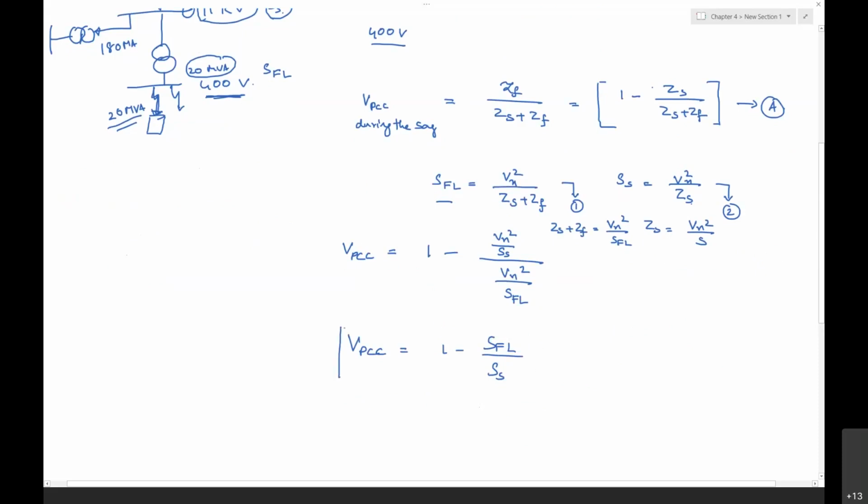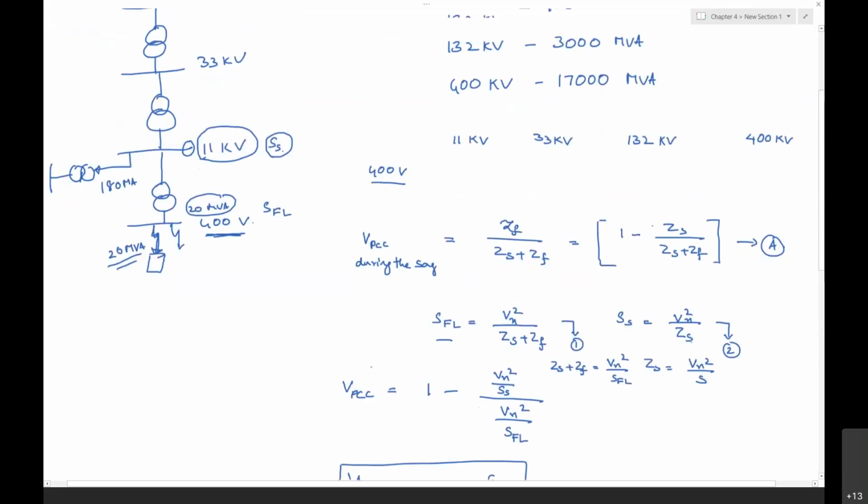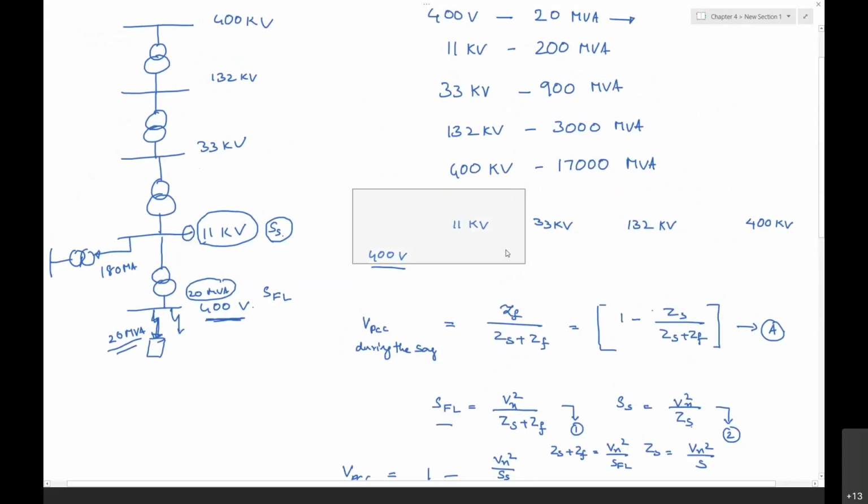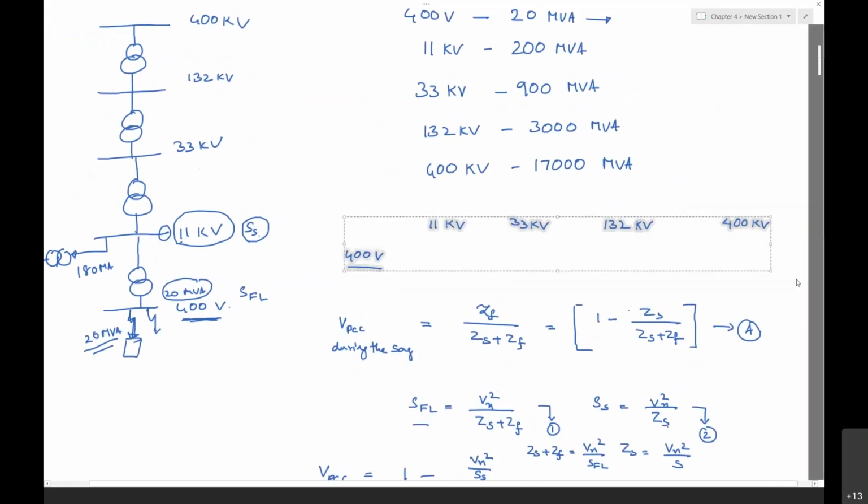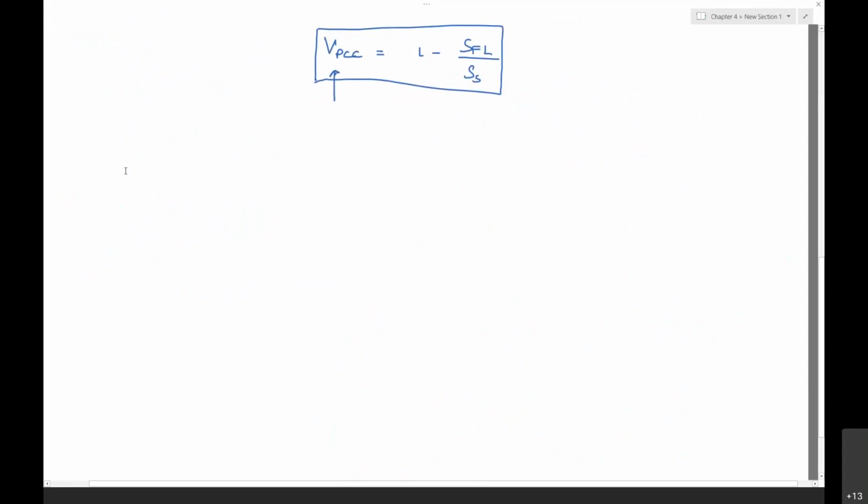Now, taking this equation to derive the source MVA, to derive the point of common coupling voltage. Okay. Now see the fault point.